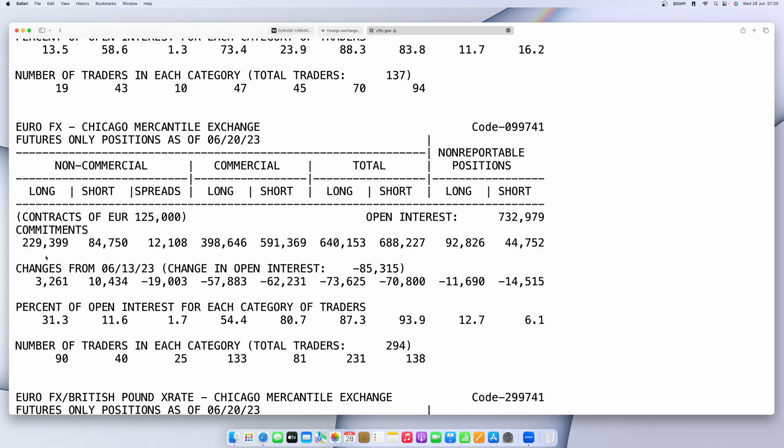And then the short format, we have 84,750. This already is telling us that more of these institutional traders are buying euro than selling the euro. And then the commercials are selling more euro than buying euro.